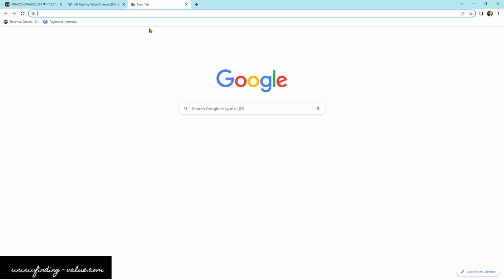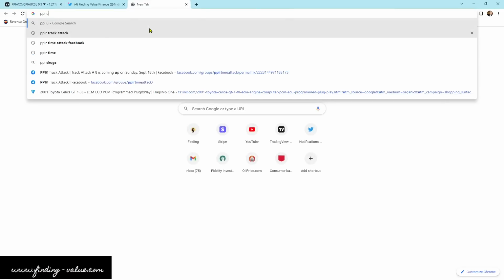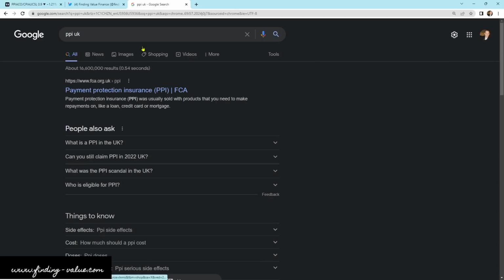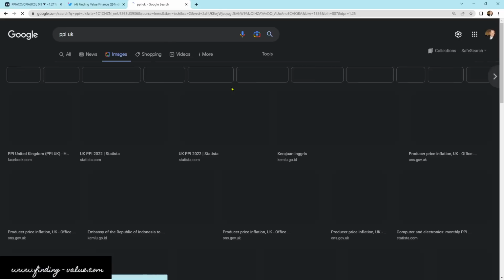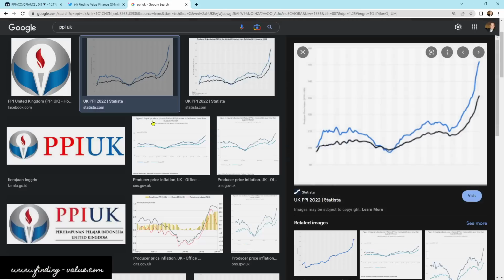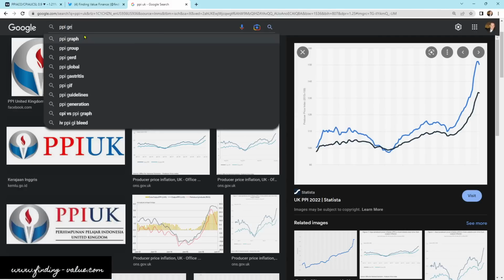We can look at the PPI of, say, the UK, right? The United Kingdom's producer price index. If we look at some images here, this thing has been a moonshot. This is the UK's PPI, rocketing higher. They have energy constraints, and we can look at Germany's PPI.